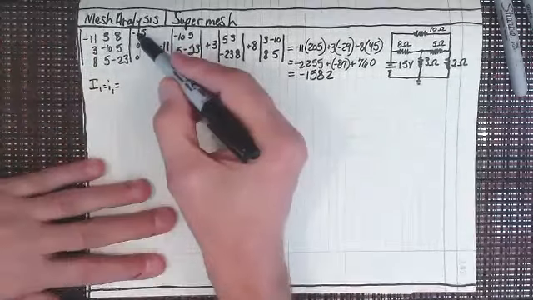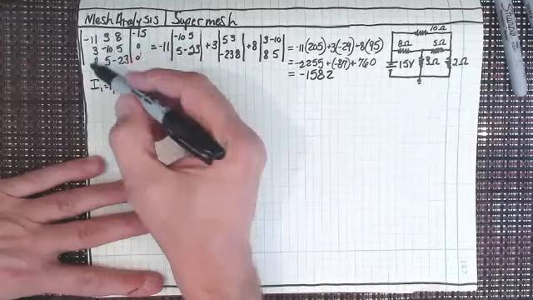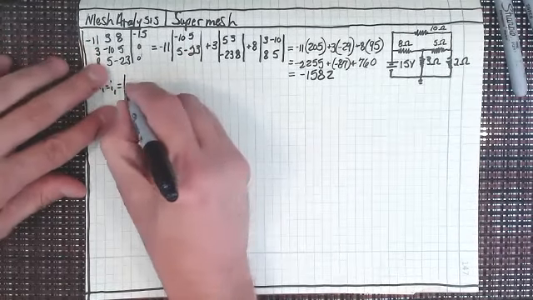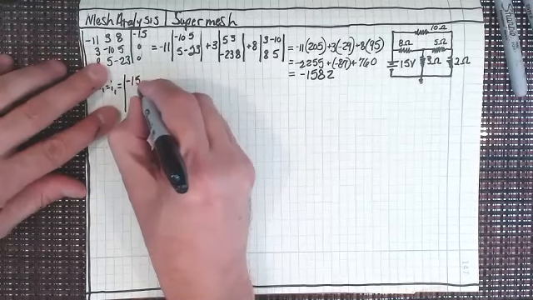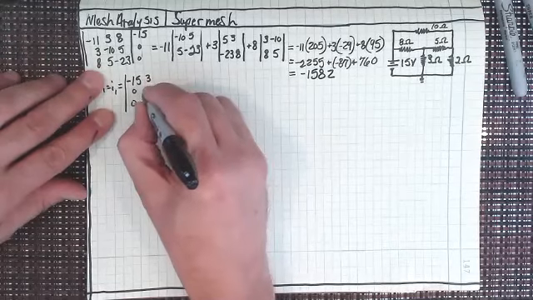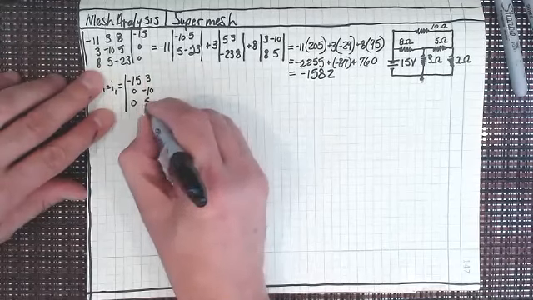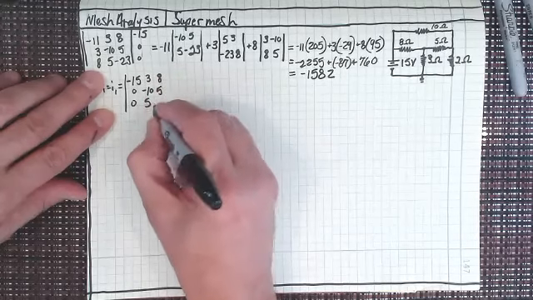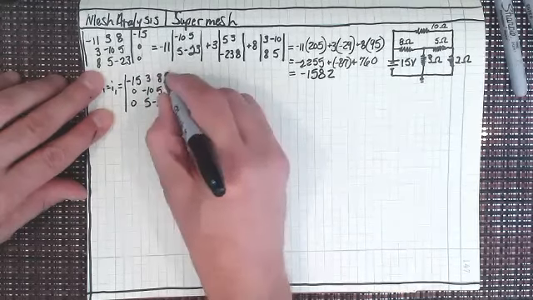Now I would take the solutions column and I would replace the first column with that. So that would give me the 3x3 matrix minus 15, 0, 0, 3, minus 10, 5, 8, 5, minus 23. Right?